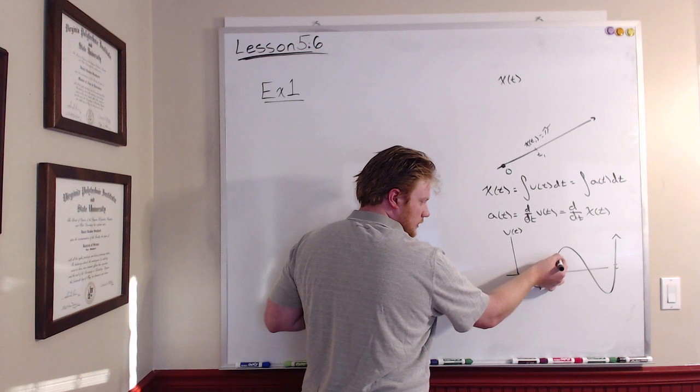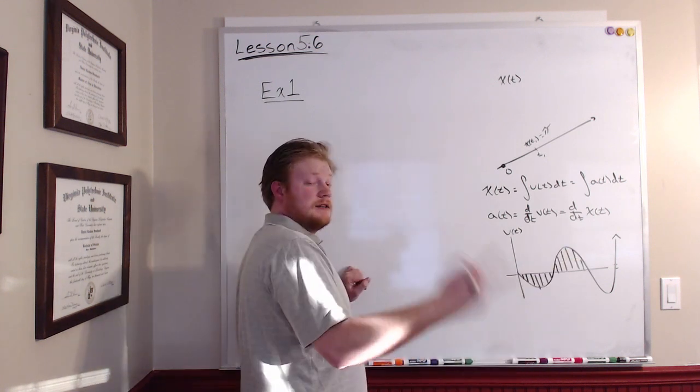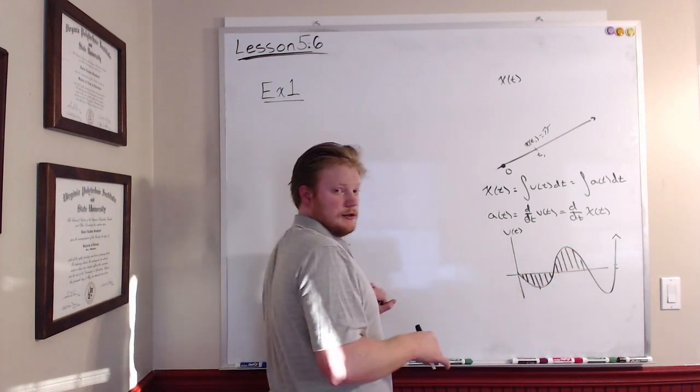And this area would represent positive distance traveled as velocity is positive there.